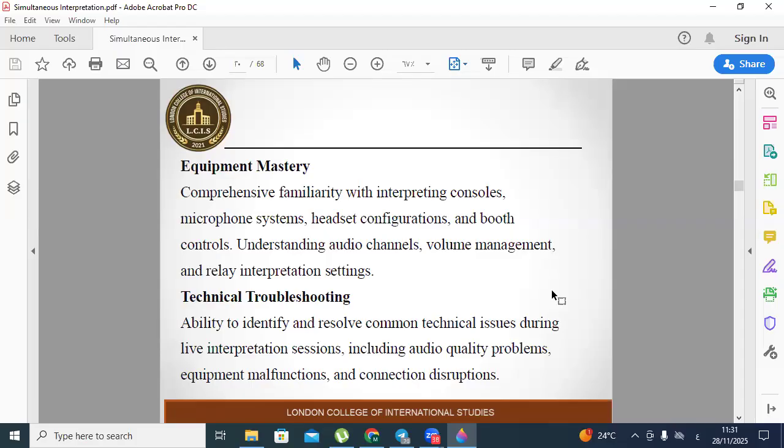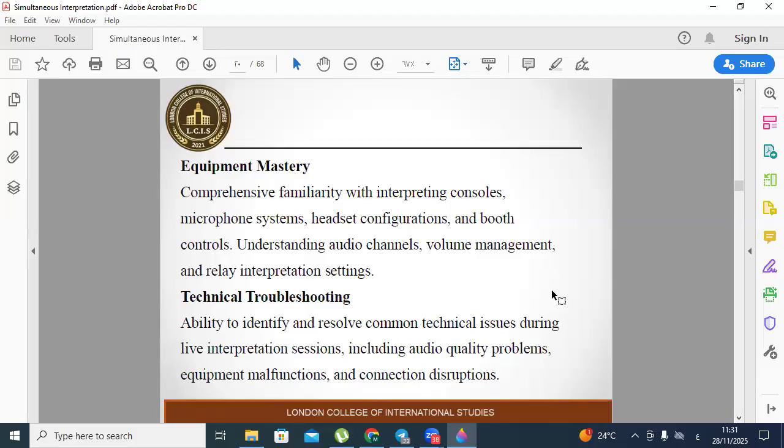Technical troubleshooting: the ability to identify and resolve common technical issues during live interpretation sessions, including audio quality problems, equipment malfunctions, and connection disruption. Problems happen.